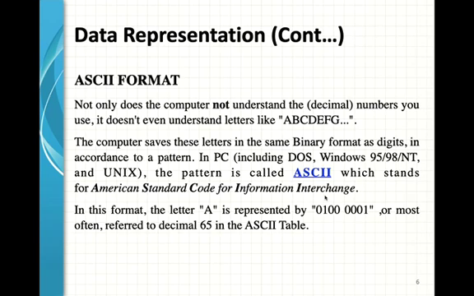According to these codes, there is a list with a corresponding binary number for every alphabet. Capital A is generally 65. This is the binary representation, and all the alphabets and many more symbols have this kind of representation. So it is clear that the actual data representation in a computer's memory is totally different from our daily use.